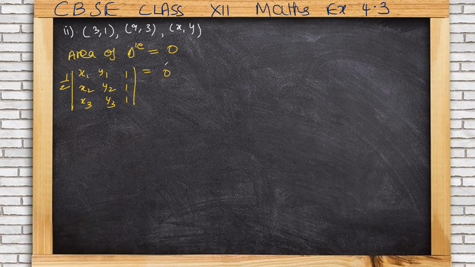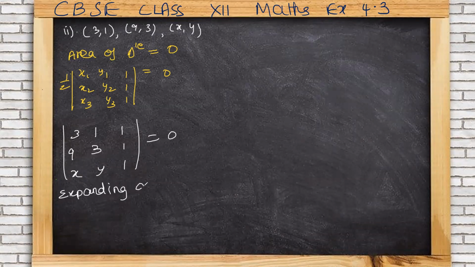We'll take this half to the right side, that will be 0. The same procedure: 3, 1, 9, 3, x, y, 1, 1, 1 equal to half into 0. We'll take this half to the right side and 2 into 0 is 0. We will expand along row 3. So expanding along row 3, in pencil, mention the plus and minus. So this will be plus minus plus.